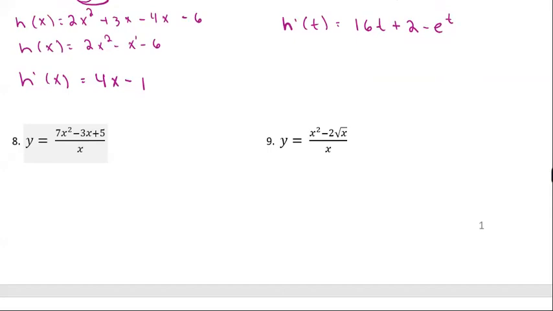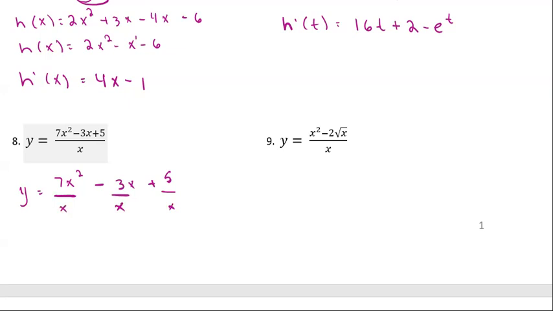Number 8, to simplify this one, we can divide everything through by that x that we have in the denominator. If we separate our fraction, it'll look like 7x squared, minus 3x, plus 5, all over our common denominator of x.